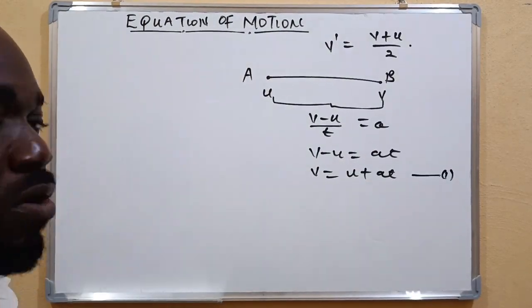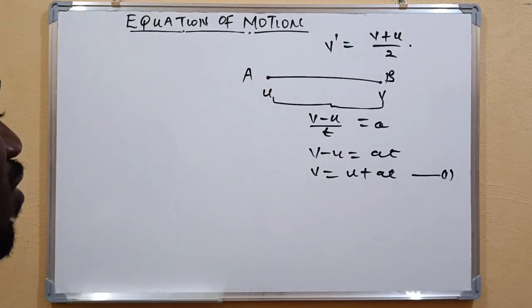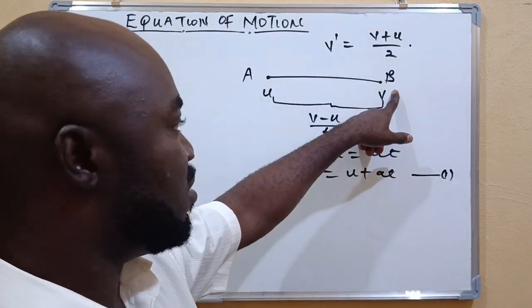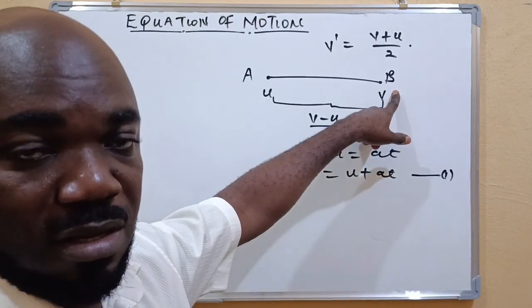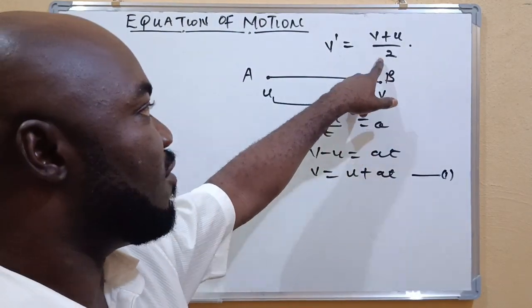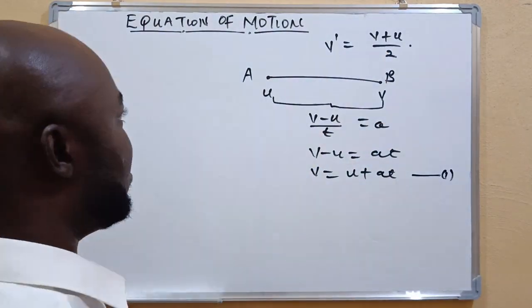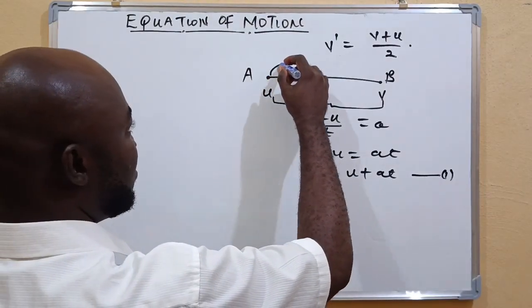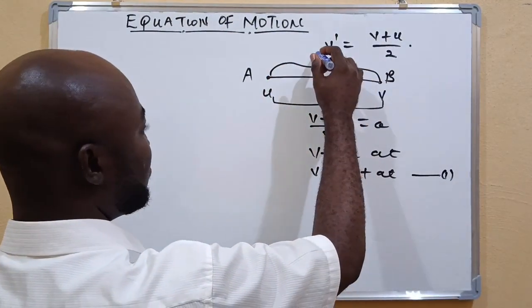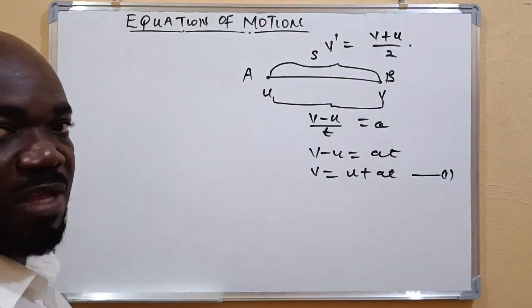So how do we get the second equation of motion? Okay, take note that when a body is moving from point A to point B, it has a velocity, and that velocity is the average velocity. And this is the distance covered, which I will call S, over a period of time.